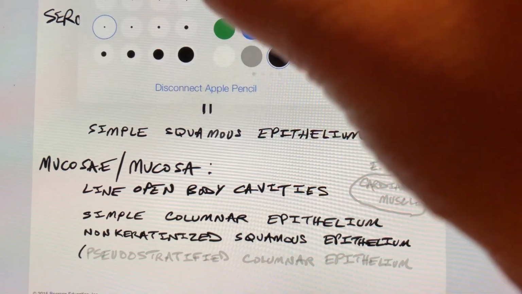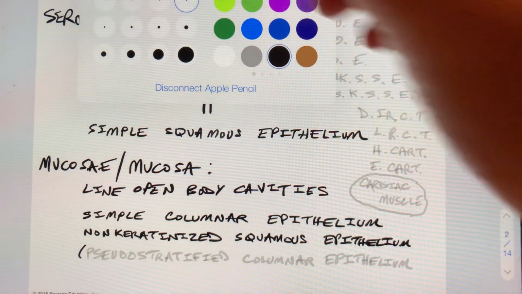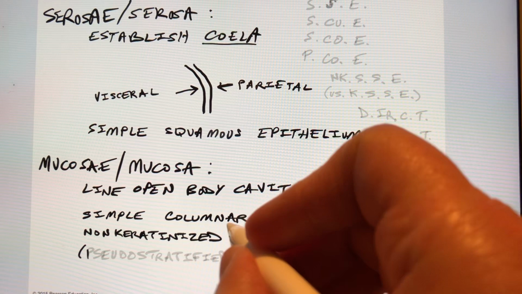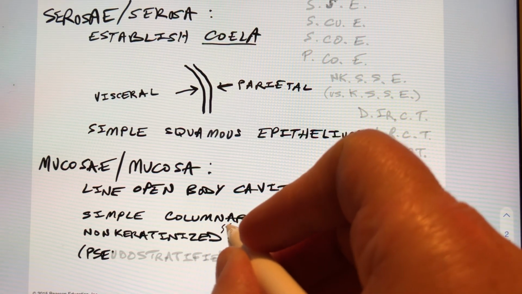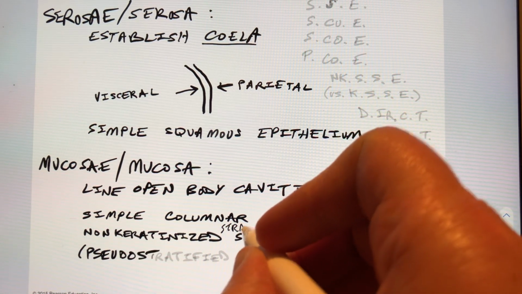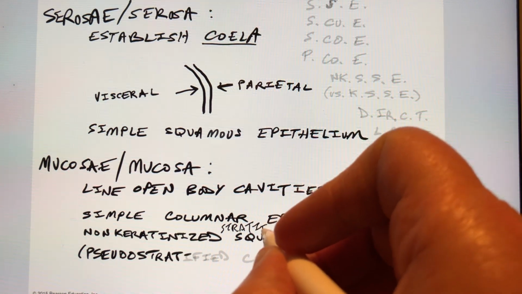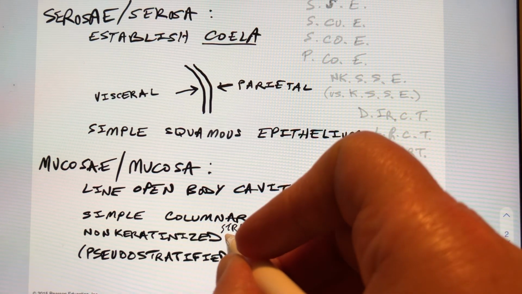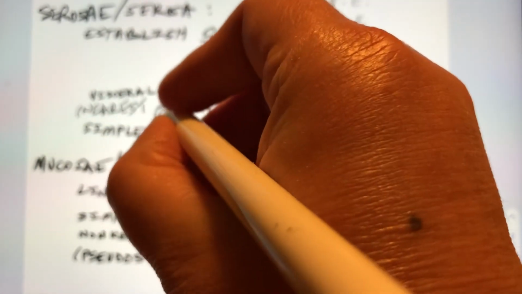However, we do also have more interrupted mucosa that's comprised of pseudostratified columnar epithelium, and this is all stuff that I lecture about in 241. We're just reviewing just in case, okay?